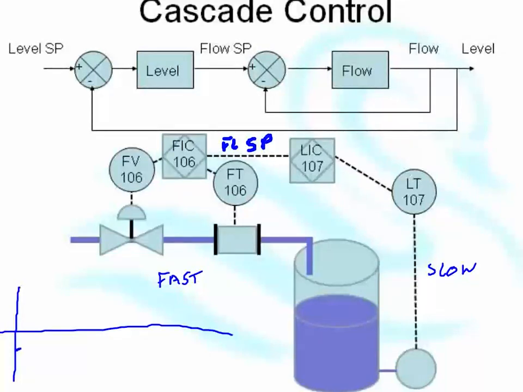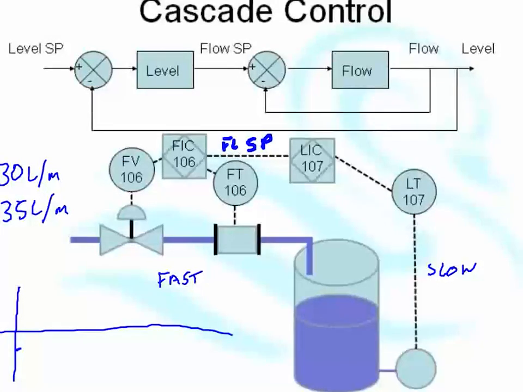So the flow set point gets increased from, say, 30 litres per minute to 35 litres per minute. Now, as soon as that flow control gets that request, it controls, and within seconds, the flow increases. But because the valve's just been serviced, the flow overshoots just a little bit, to, say, 37 litres a minute.